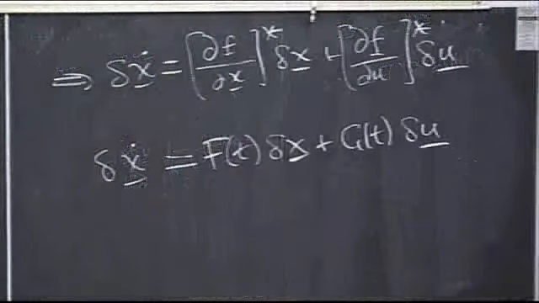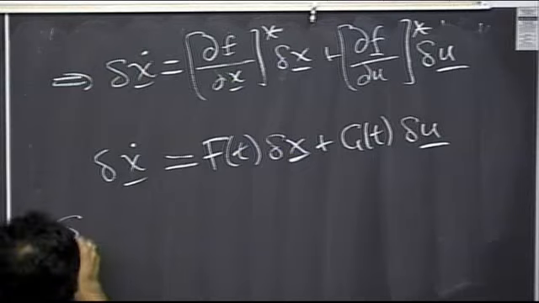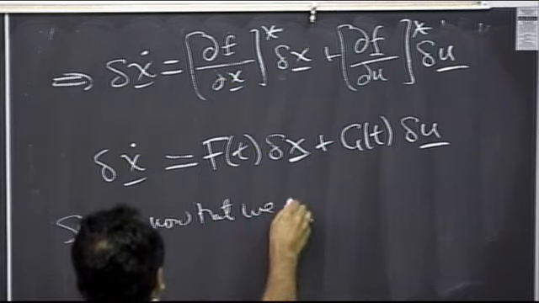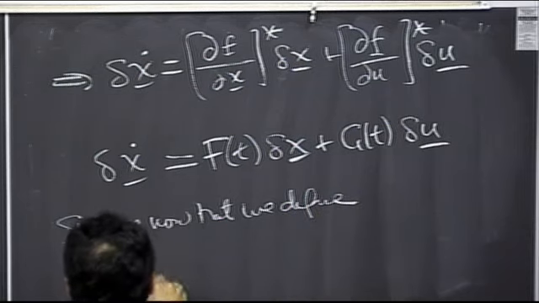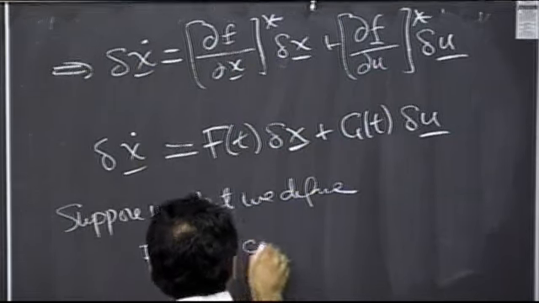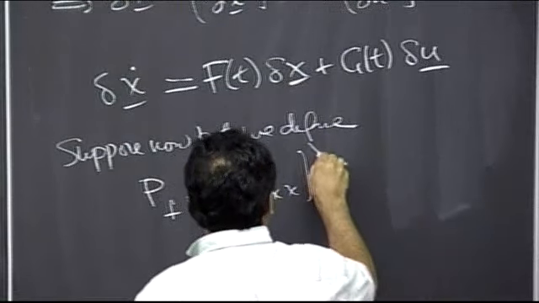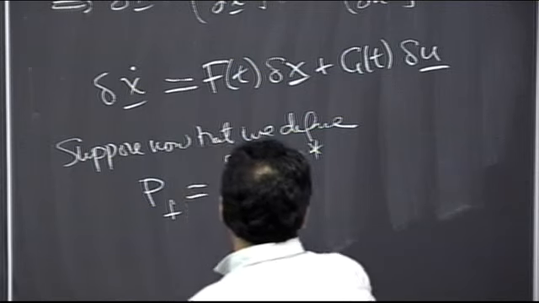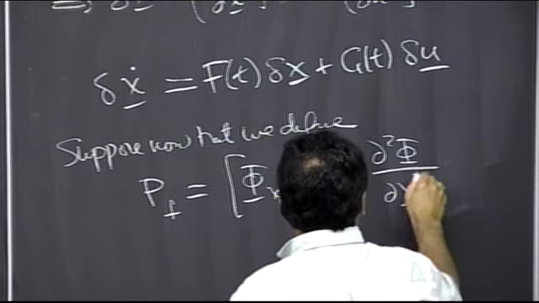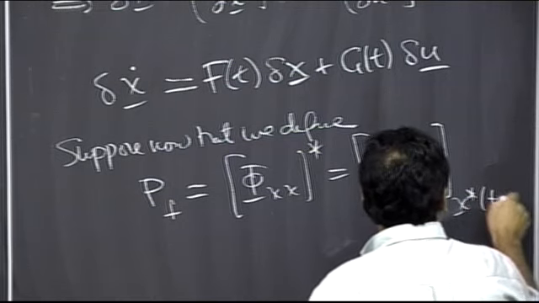So suppose now that we define a bunch of things. P_f is equal to phi_xx evaluated at the optimal value. So this really is the same thing as saying the second partial of phi with respect to x squared, evaluated at x star at t_f.